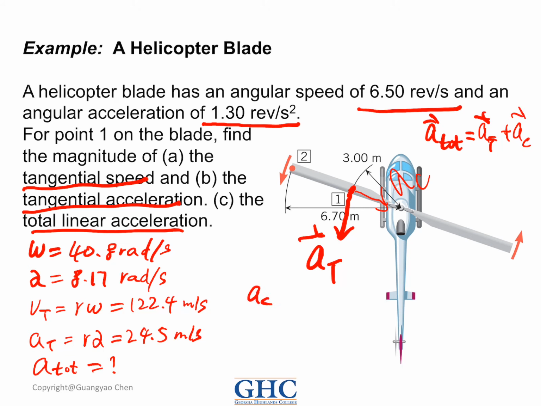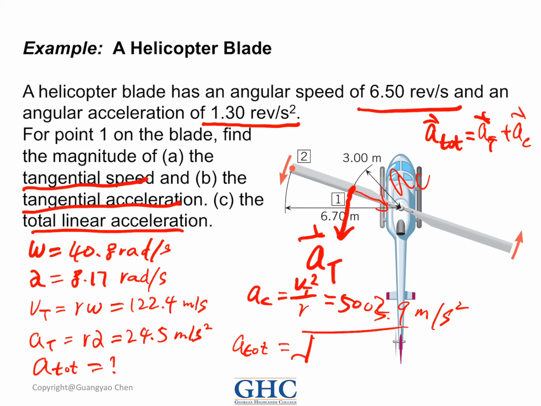So we first need to calculate the centripetal acceleration, which is v_t squared over r, and we find it's almost 5,000 meters per second squared. So you do the Pythagorean theorem: a_total squared equals a_c squared plus a_tangential squared. If you plug in all the numbers, because a_c is dominating, you should roughly get 3.95 meters per second squared.